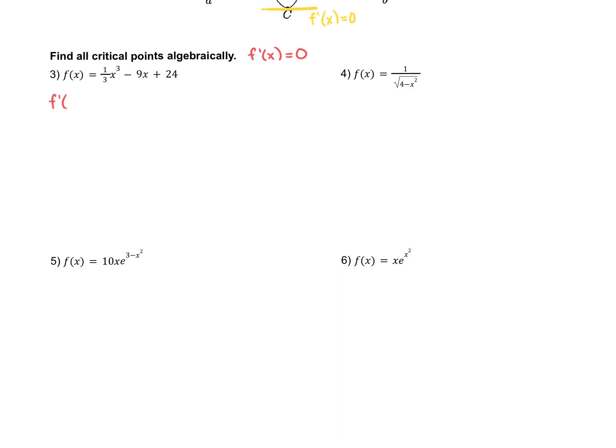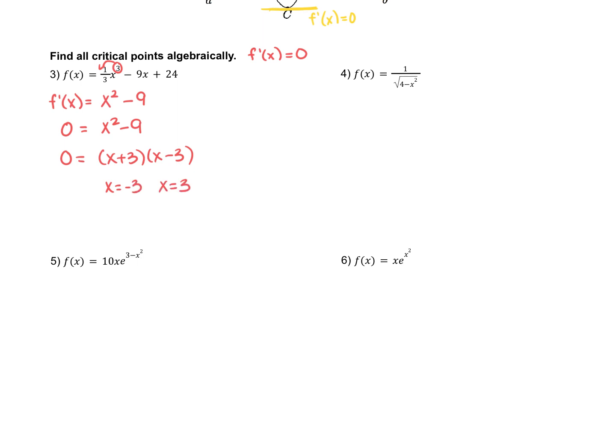So f prime of x, we'll take the derivative with a simple power rule. 3 times 1/3 gives me 1. Decrease the power by 1. The derivative of negative 9x is just negative 9. We're going to set that equal to 0. And we can factor by difference of squares. So my two critical values will be negative 3 and positive 3.